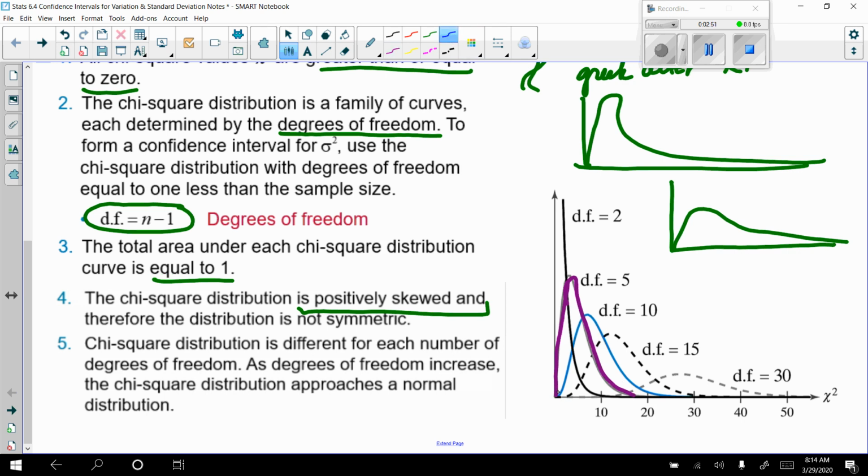Then we get higher, and get a little bit higher. And then finally it approaches our normal distribution if the degrees of freedom is 30 or more. So the chi-square distribution is not symmetric.